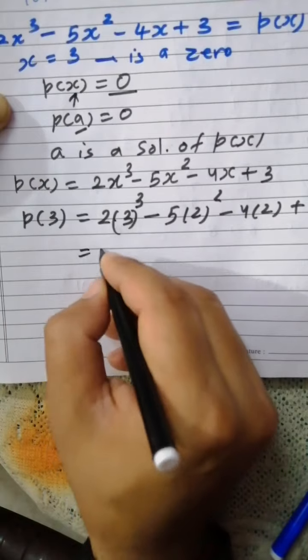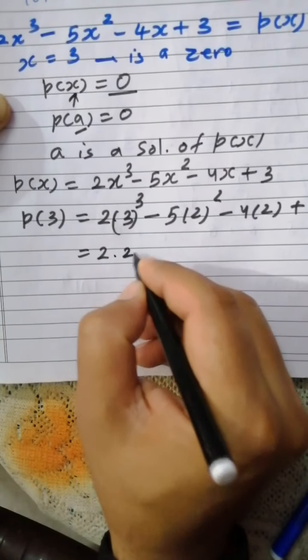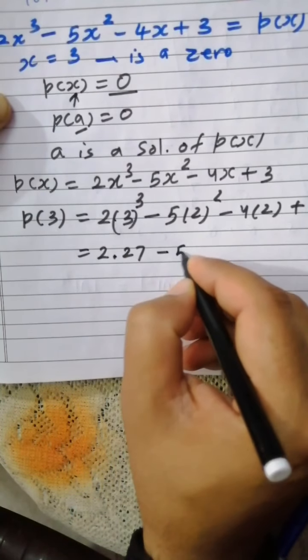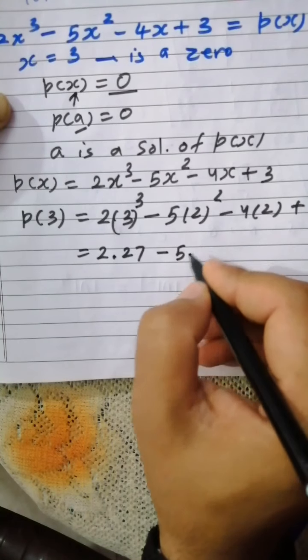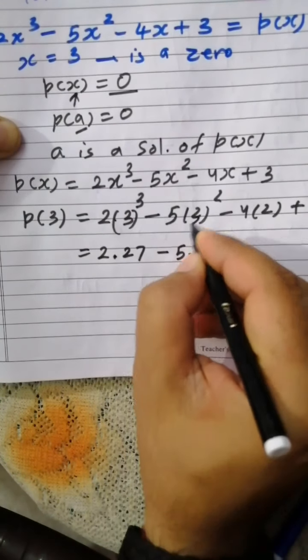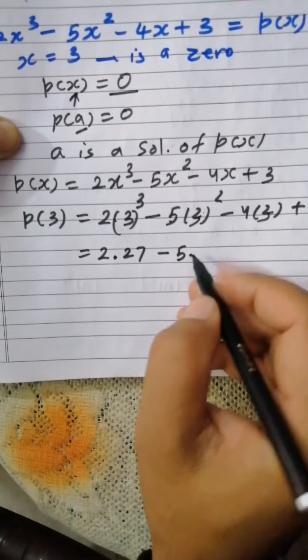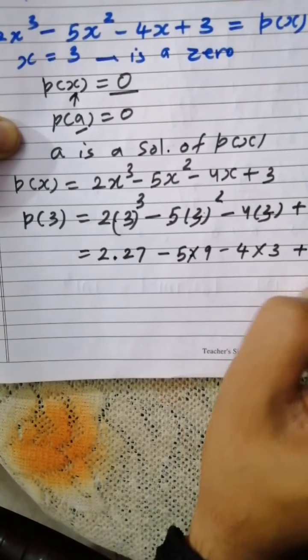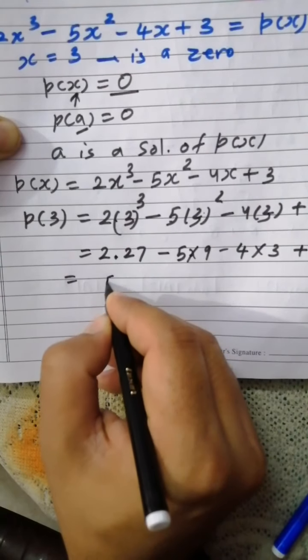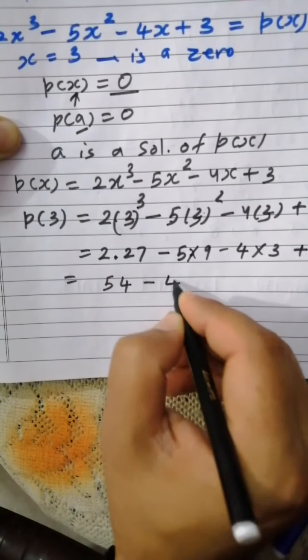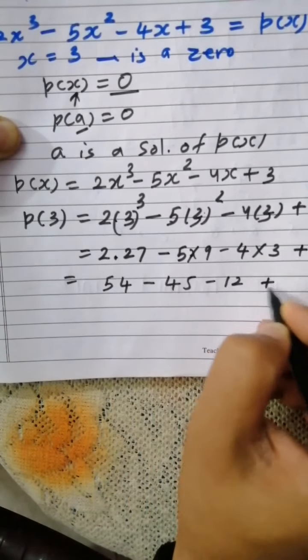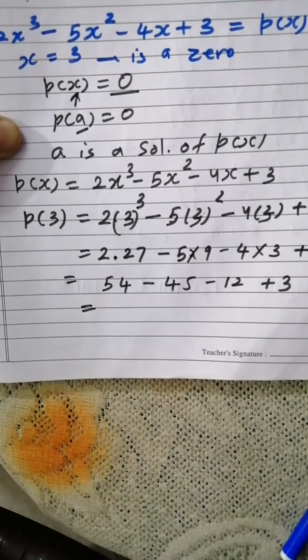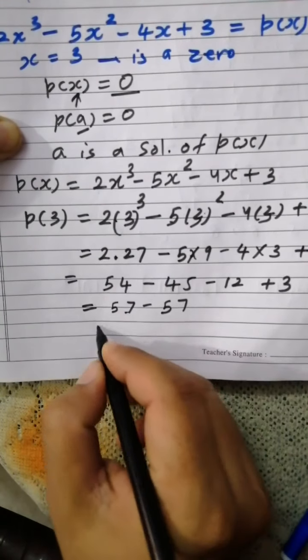Now on solving, it will be 2 into 27 minus 5 into 9 minus 4 multiplied by 3 plus 3. Now again it will be 54 minus 45 minus 12 plus 3. So here you can see after solving it will be 57 minus 57, it means 0.